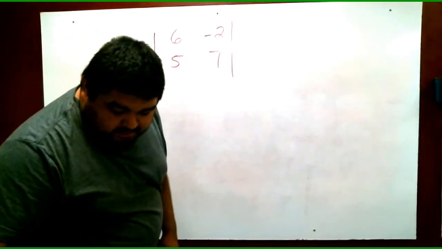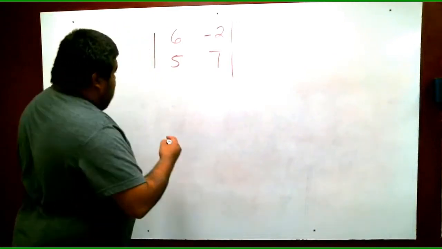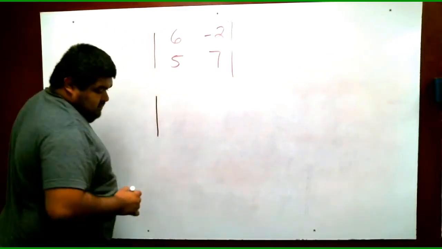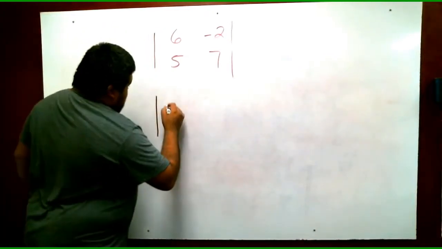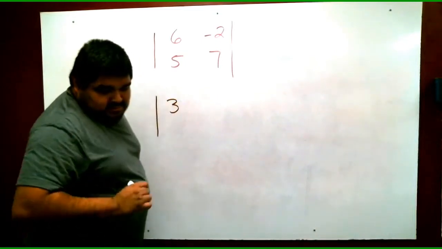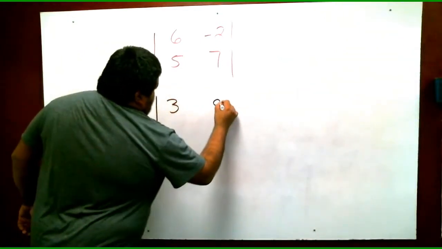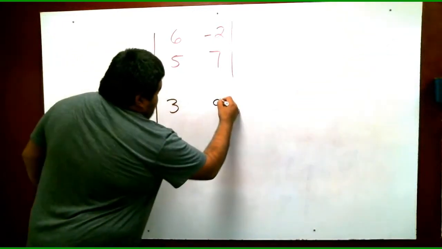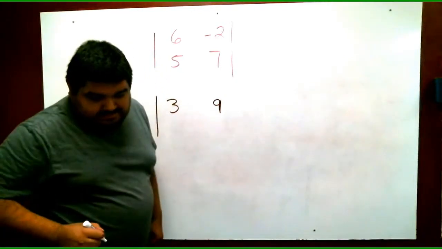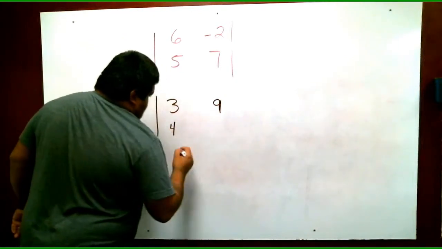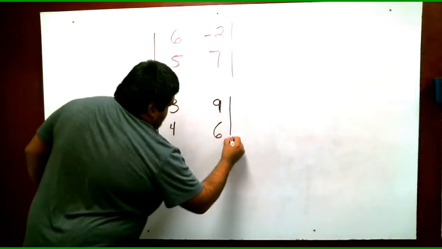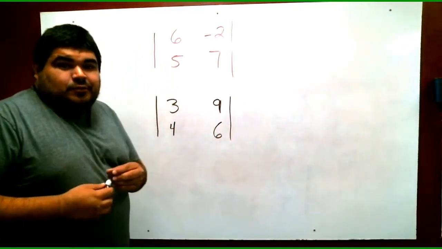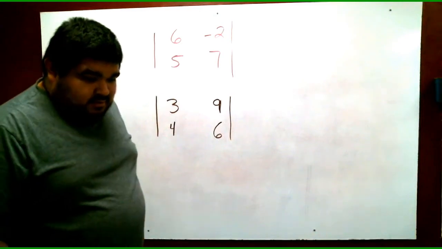Your second problem is 3, 9, looks like an A, it's a 9, 4, and 6. So you have two problems to work out.